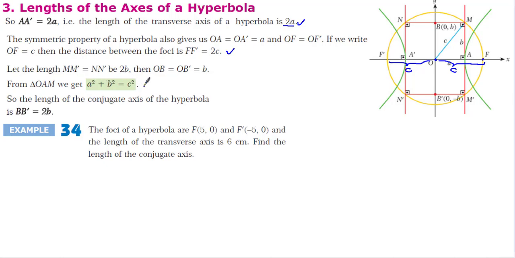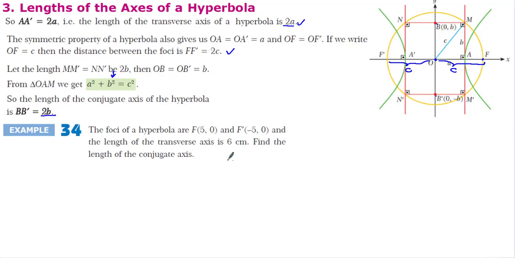With that you find the imaginary axis, the conjugate axis, and the b value. The difference between the two conjugate values gives you the length of the conjugate axis.